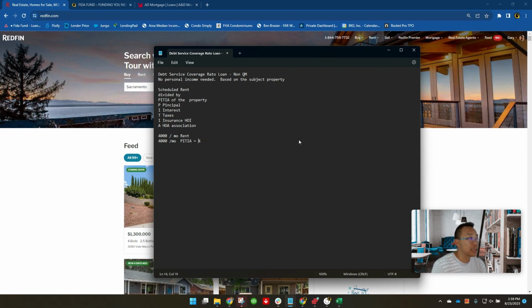That means at least $4,000 a month rent covering a $4,000 PITIA. That would give you a 100% coverage ratio, or sometimes called a 1 ratio. Of course, the higher this number, the better. Usually, if you can even get to 1.25 coverage, you can get much better rates than if you got a 1 coverage or 0.75 coverage.